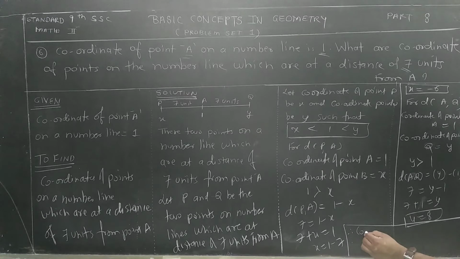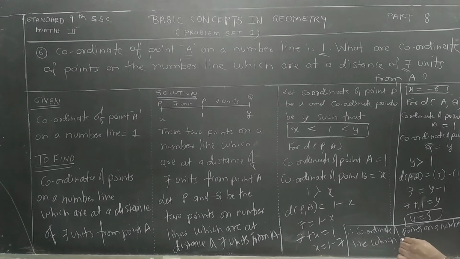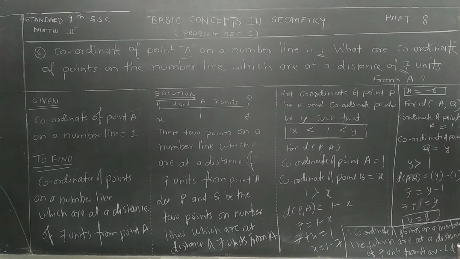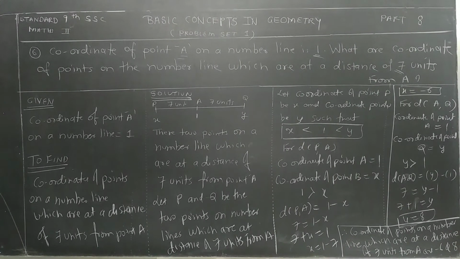Therefore, the coordinates of points on a number line which are at a distance of 7 units from A are -6 and 8. This is the way you are going to write this answer.